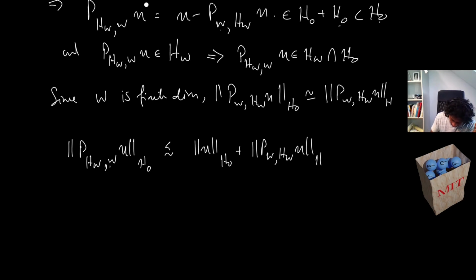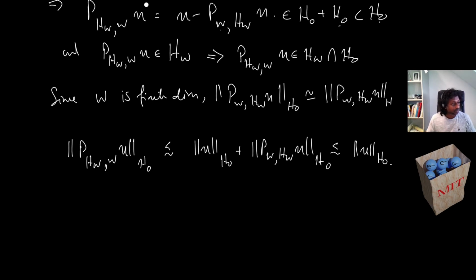So therefore I can write this out, take the H naught norm of this, and it's going to be bounded by the H naught norms of these. And of course this is a bounded projector back into H naught, therefore we get that this is bounded.